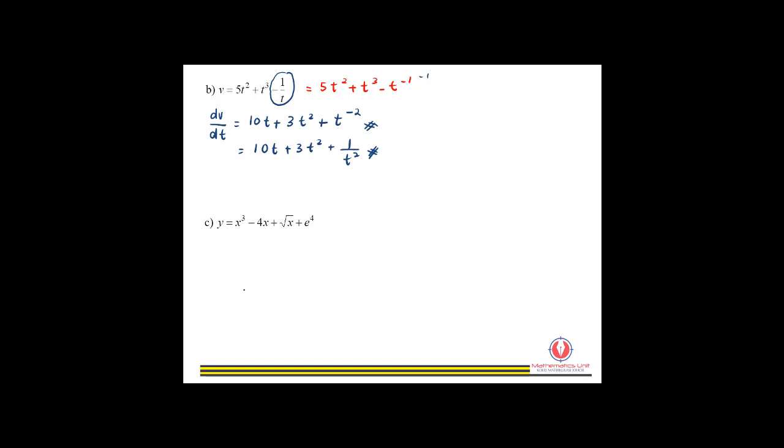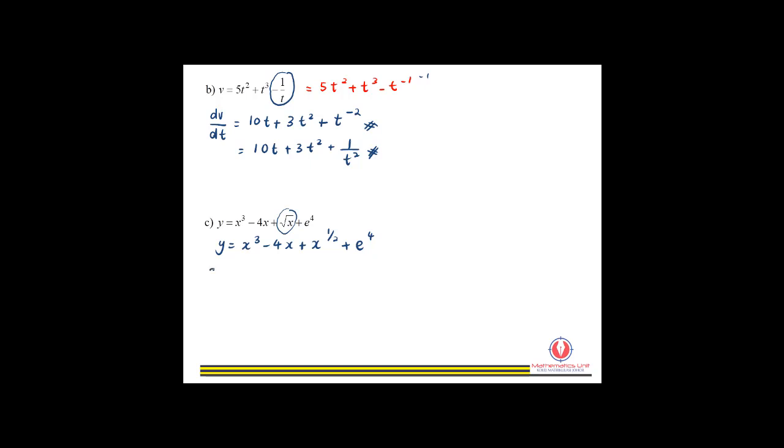C, we have y equal to x power of 3 minus 4x plus square root of x plus e power of 4. Firstly, we have square root of x here. So you need to change in index form. So we have x power of 3 minus 4x plus x power of 1 over 2 plus e power of 4. E power of 4, if you calculate, you will get a constant. So if we differentiate e power of 4, we will get equal to 0.